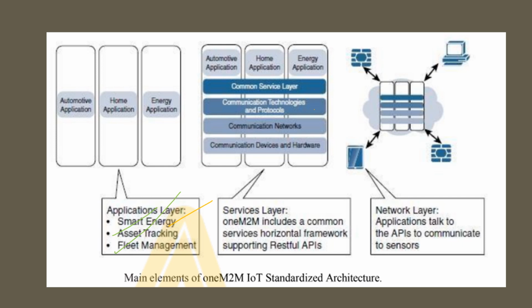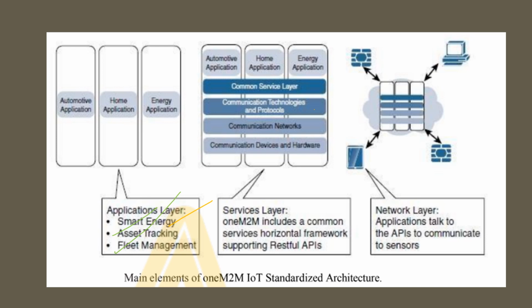The third layer is the network layer. After the application layer and the service layer, the next is the network layer. In this network layer, the application talks to the API and communicates to the servers. For example, the users are the computers, mobiles or tablets. It talks to the APIs, the sensors or the servers.